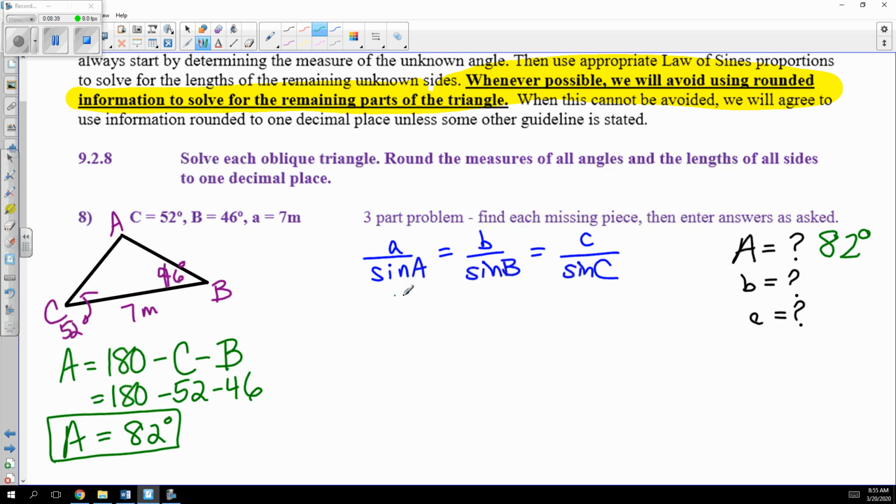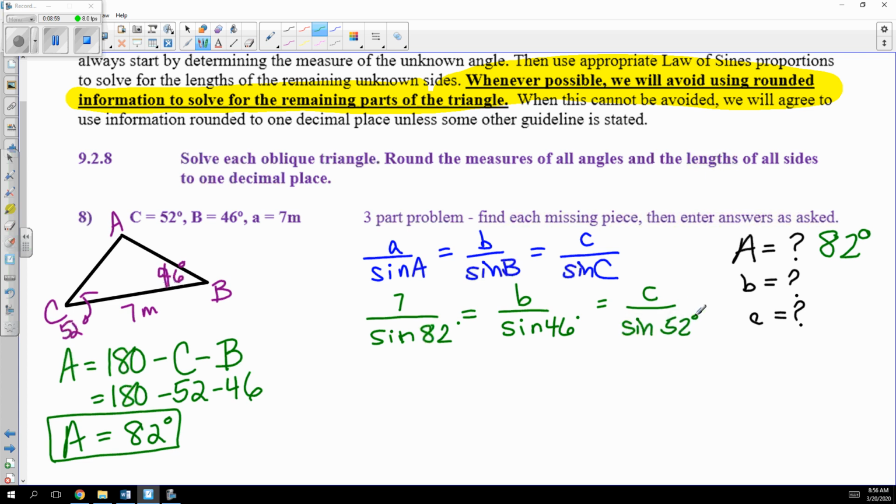So I'm going to put 7 over sine of, remember we just found out that A was 82 degrees, equals b over sine of, and angle B measures 46 degrees, equals c over sine of 52 degrees.